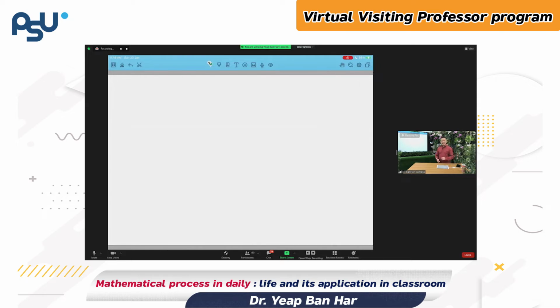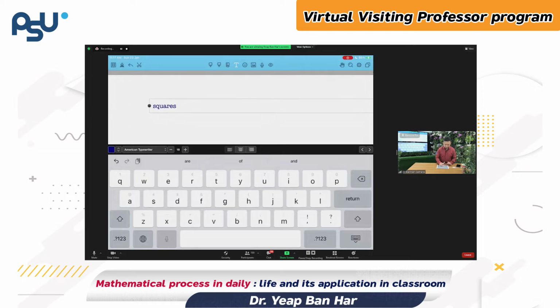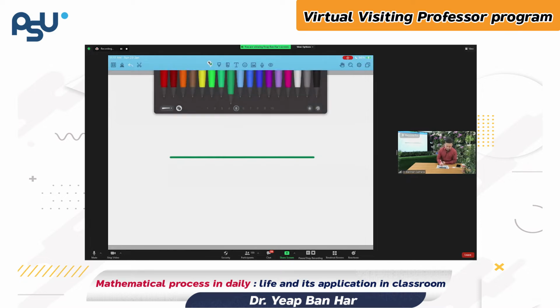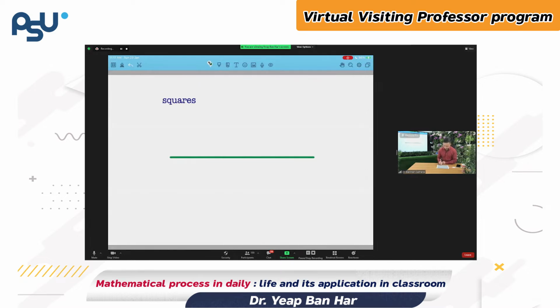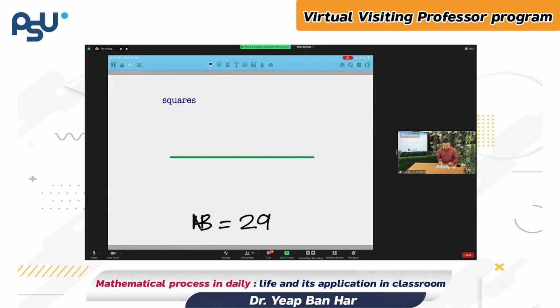Class, today I have a problem for you. The problem is about squares. I have a straight line, and the straight line is 29 centimeters. So maybe I call the straight line AB.